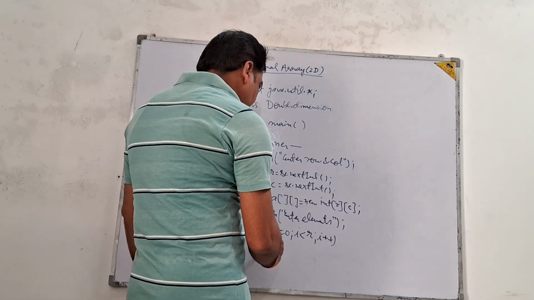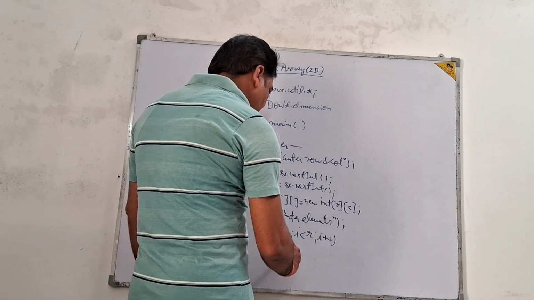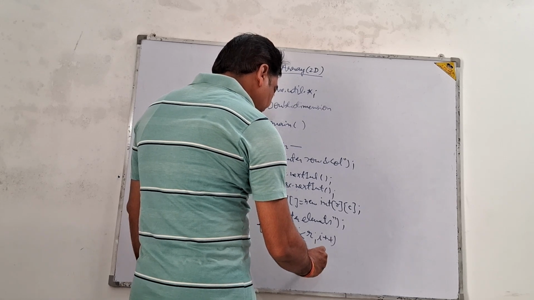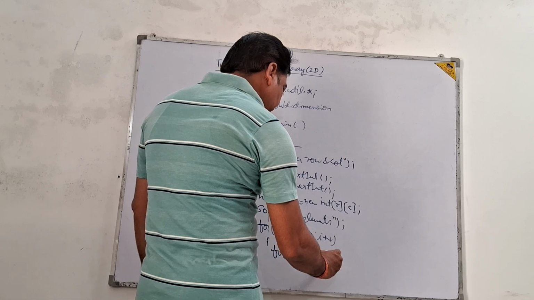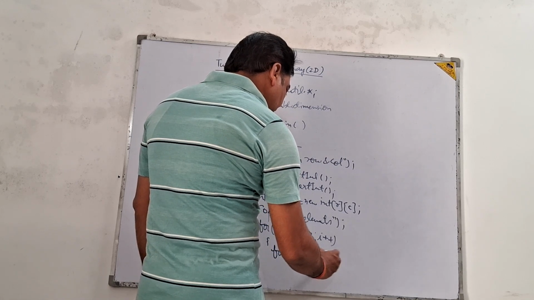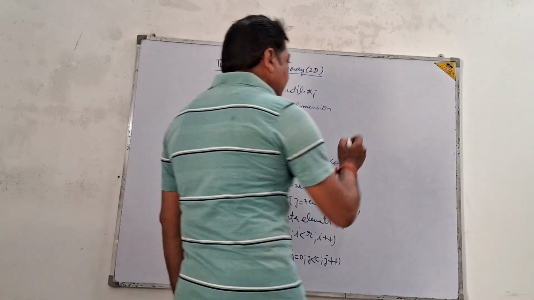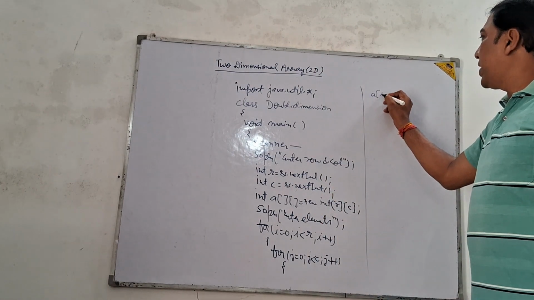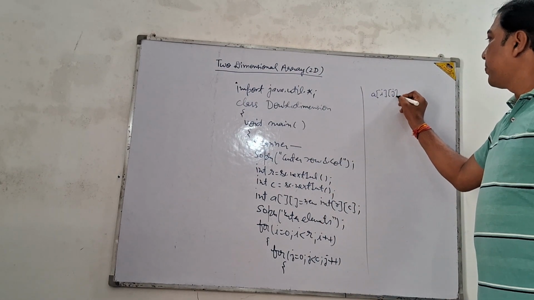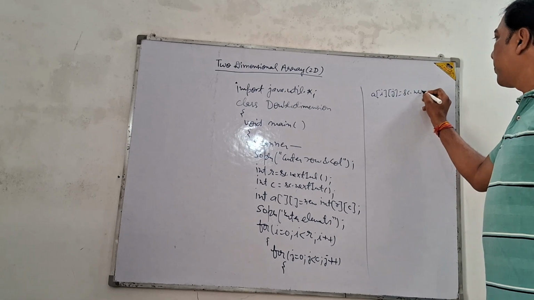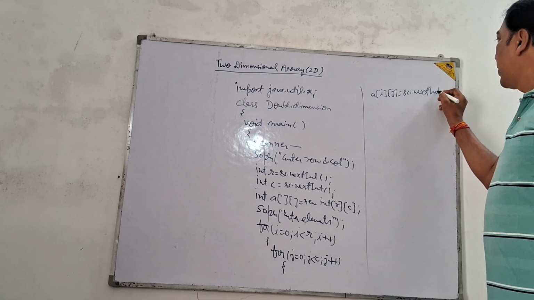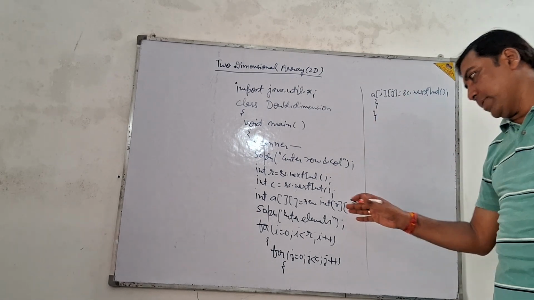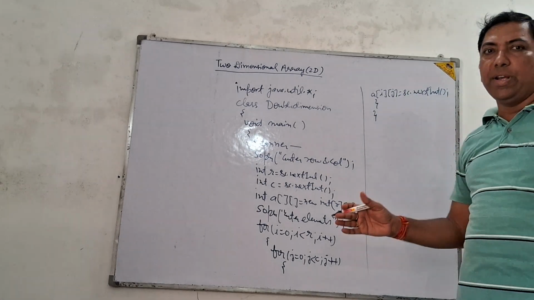And the second loop is from 0 to less than column: for j equal to 0, j less than C, j plus plus. Each input will be stored at A of ij location, where i is the row number and j is the column number. So this is the input of a 2D array.